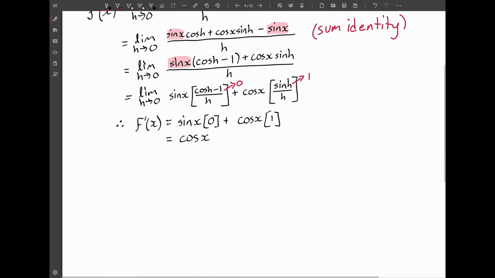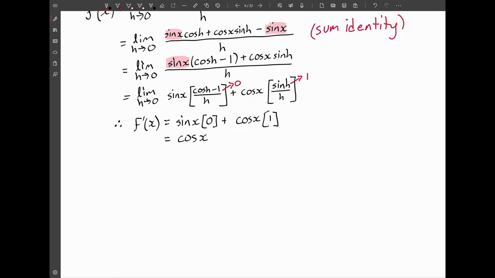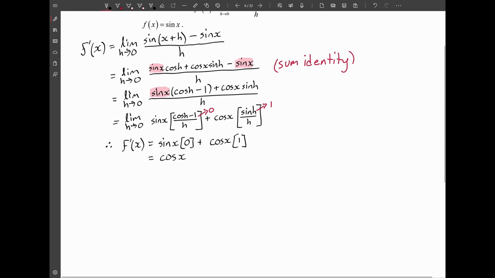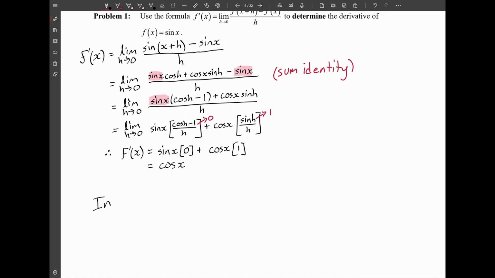So yeah, that's right. The derivative of sine x is just cosine x. So that gives us some really nice, useful information. In general, the derivative of sine x is equal to cos x.